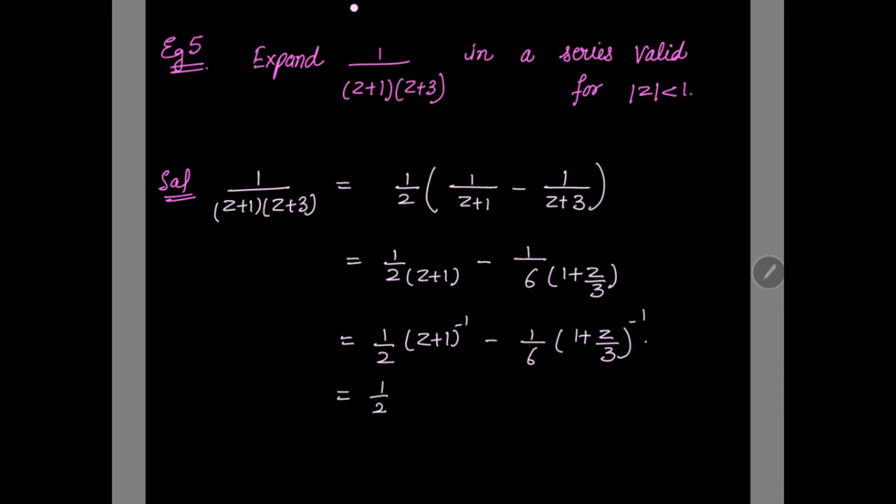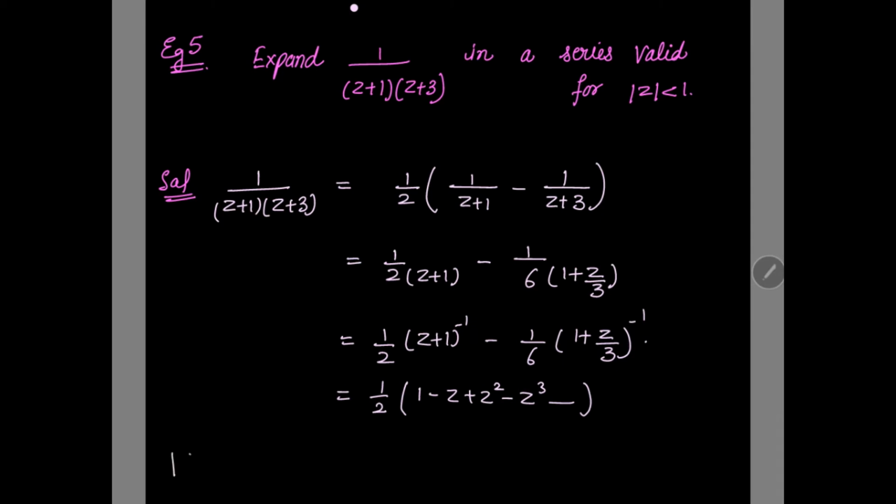Before the expansion, let's check. Now for this (z + 1)^−1, it is given |z| < 1, so I can expand this first. This is 1 − z + z² − z³ and so on. Now what about |z/3|?